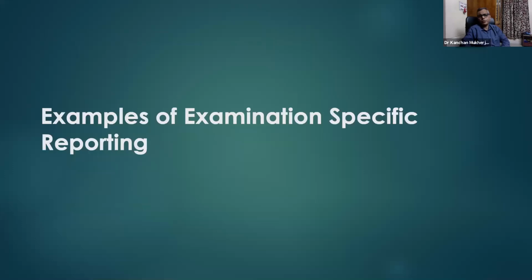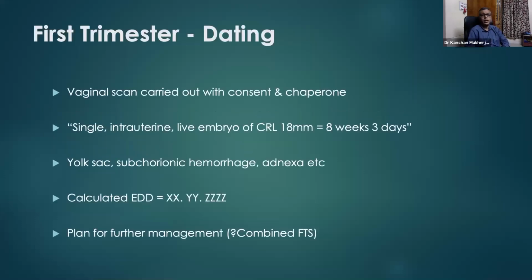I will now give you some examples of examination-specific reporting, like first trimester dating. You need to mention whether it was a transvaginal or transabdominal scan, and that you have taken consent and there was a chaperone. And then you write a statement like, single intrauterine live embryo of CRL of 18 millimeters, which corresponds to 8 weeks, 3 days.